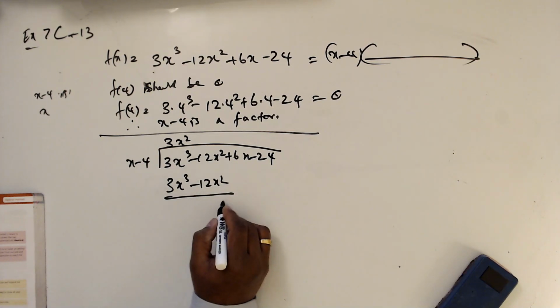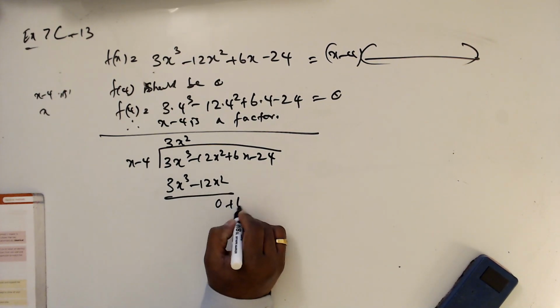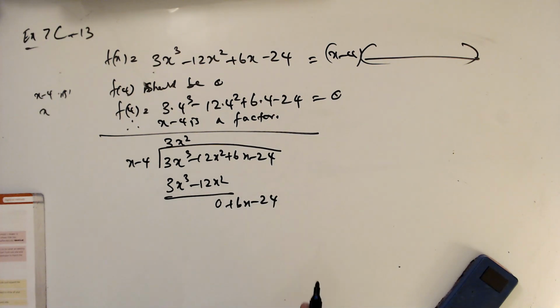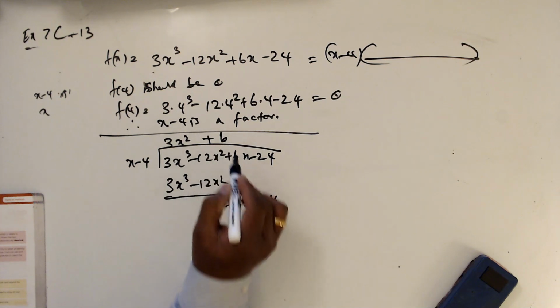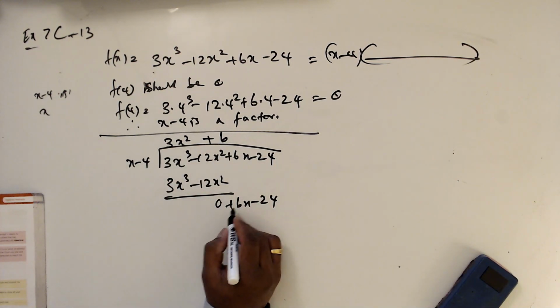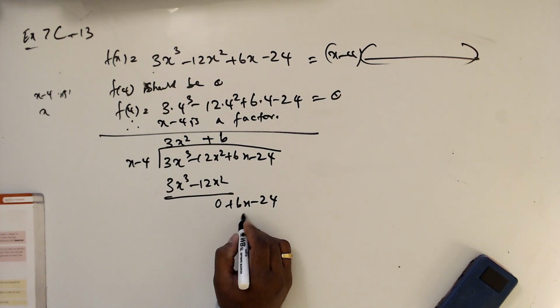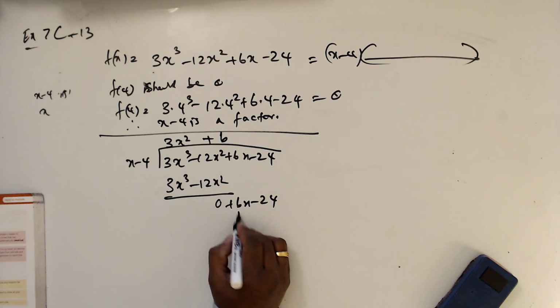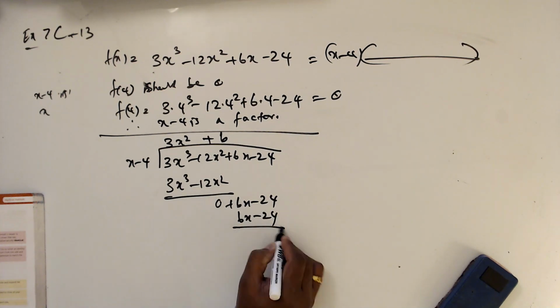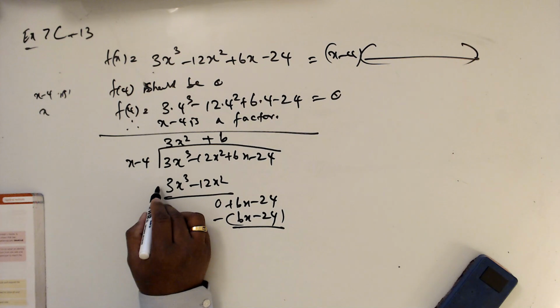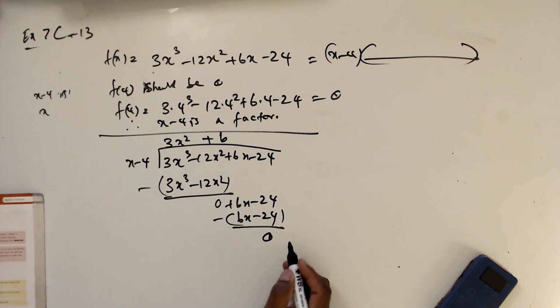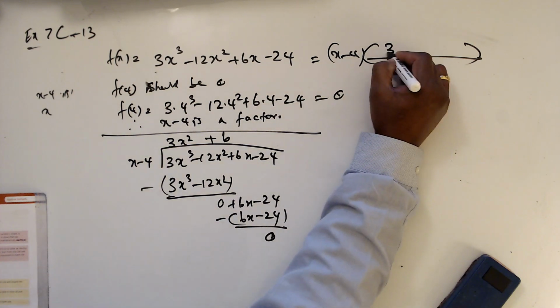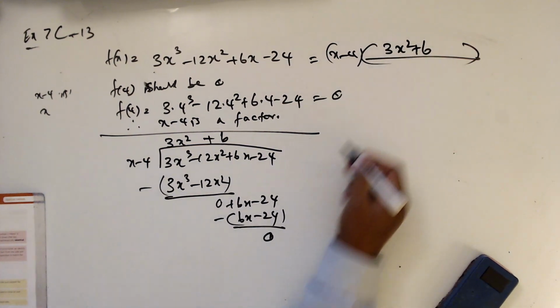This is going to be 0, and take 6x and minus 24 together, and then plus 6 times x, 6x and minus 24. When you subtract those two together, it is 0. So what is this one? 3x squared plus 6.